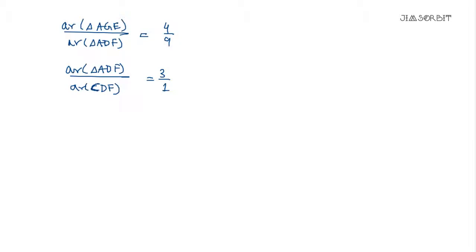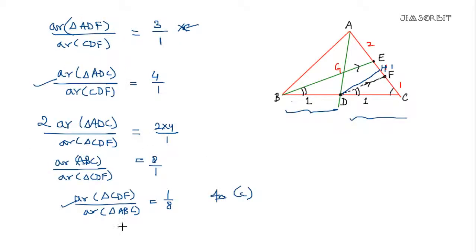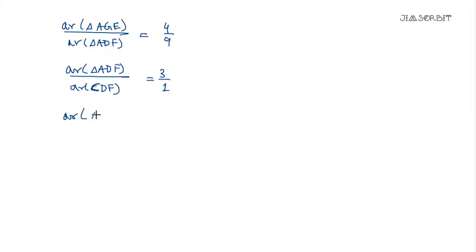Now CDF upon ABC we have also found, correct? The last one, CDF upon ABC, is 1 by 8. So I'm writing here CDF upon ABC. See how easily we can use these we have found.